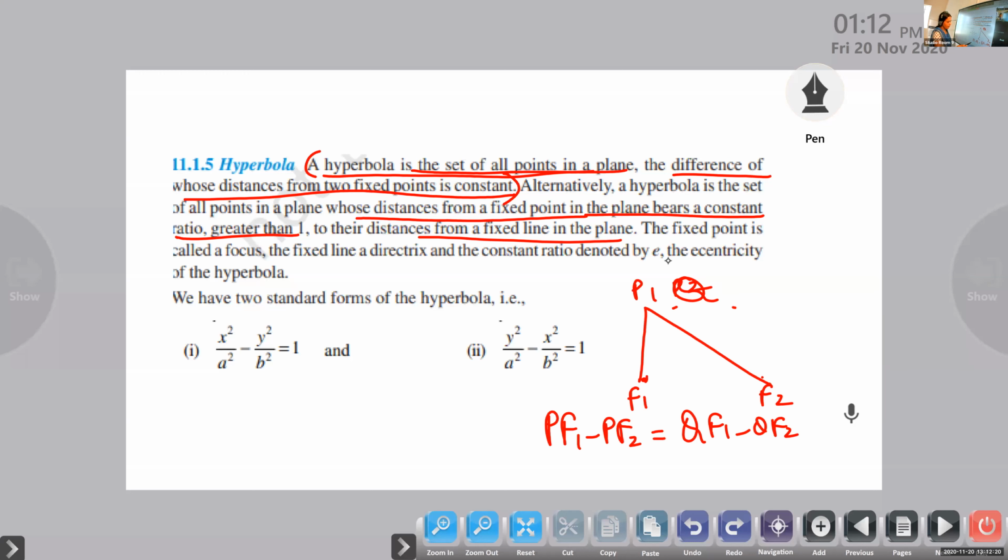So this is the definition of hyperbola. What is the definition? It is the set of all points in a plane where the difference of whose distances from two fixed points is constant. Whenever the difference is constant, we call it a hyperbola.